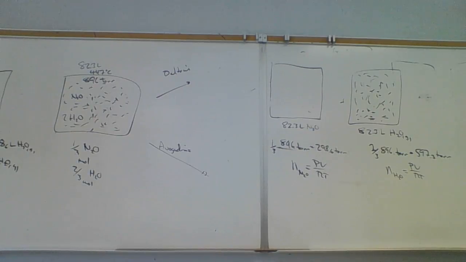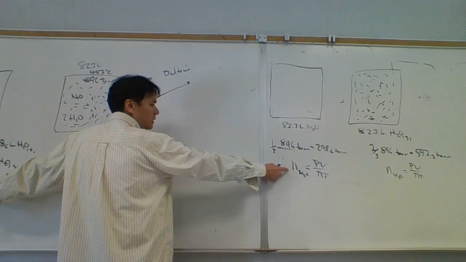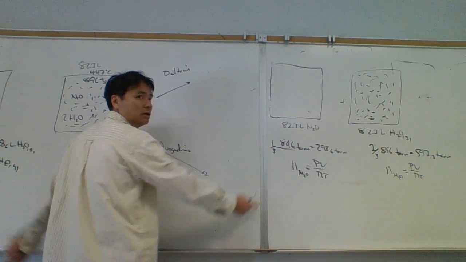And so here we calculate the number of moles of nitrous oxide, which is equal to PV over RT. But this PV combination is different. This pressure now is going to be 896 torr. This volume is going to be 24.43 liters. But take a look at these two. These two will give me exactly the same answer. You see?